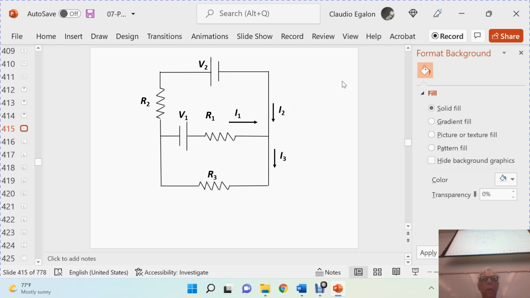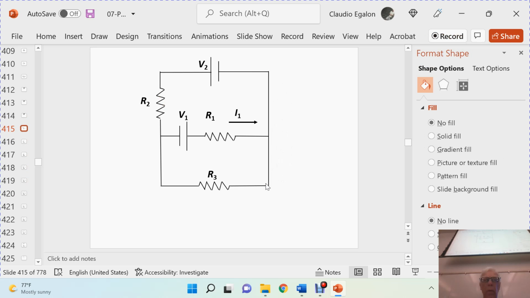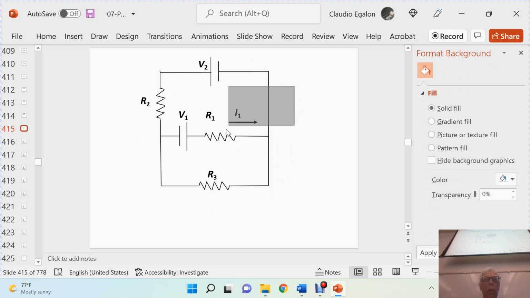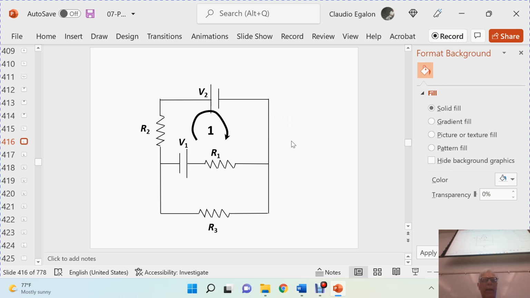Wait a minute. I put the current there. I shouldn't be putting the current yet. We have this circuit. We identify the loops. Loop 1.